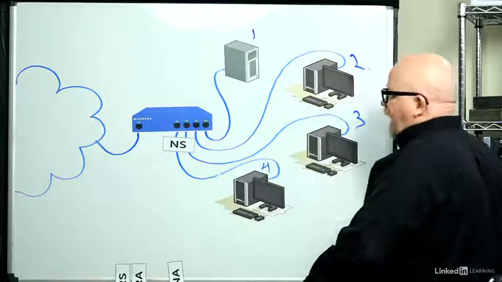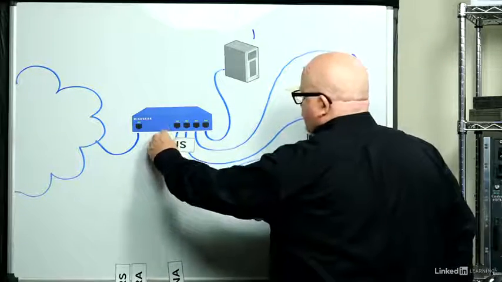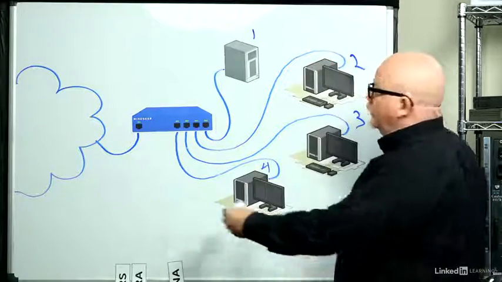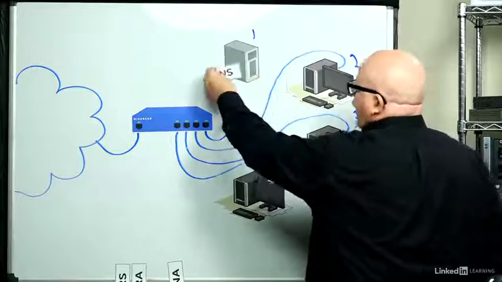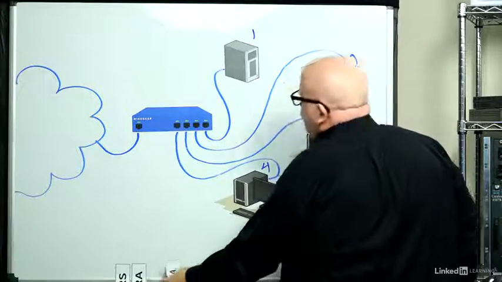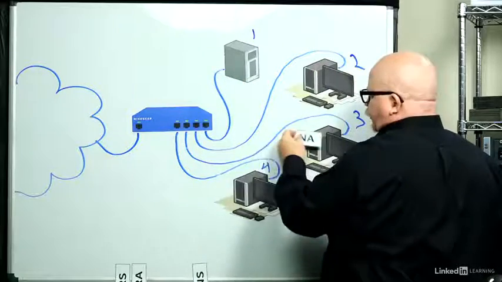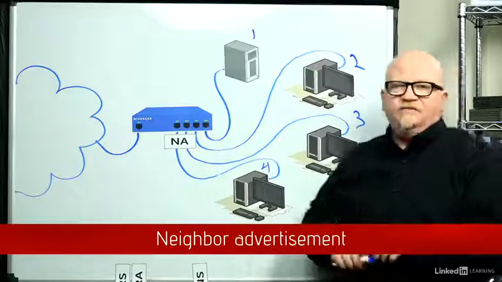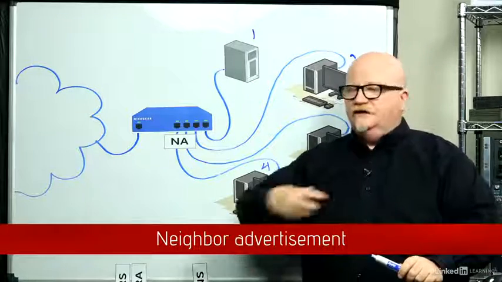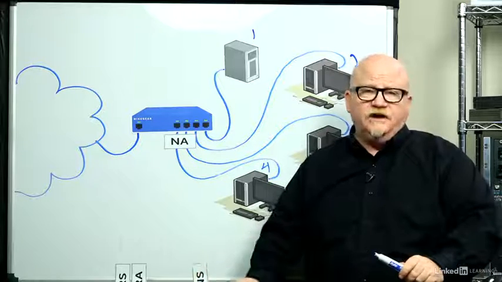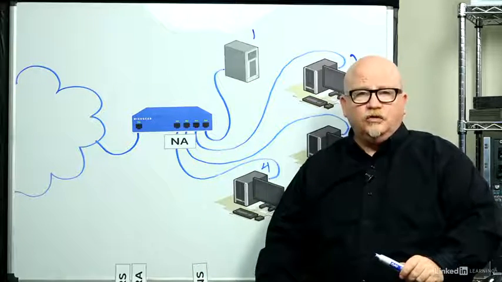But as this goes out, he is saying, here is my MAC address, here is my link local address, is there anybody else out there? So this gets sent out on multicast, and then all of these devices will begin sending neighbor advertisements. A neighbor advertisement simply says, this is who I am, this is my MAC address, it's built into the Ethernet frame, and this is my link local address.